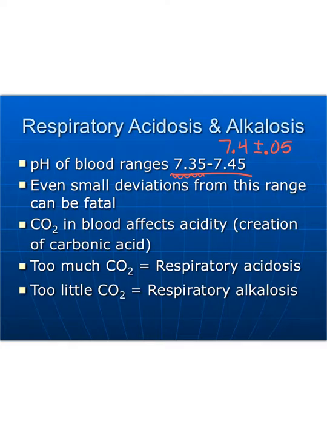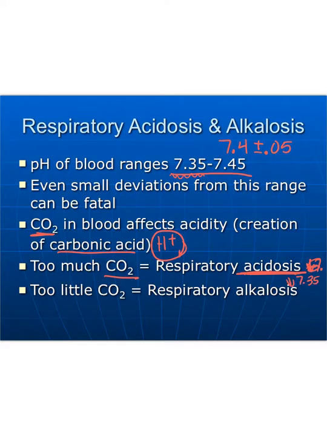Because of the equation we just looked at earlier, the amount of CO2 allows you to make acid, hydrogen. So if you have too much CO2, you're going to be making too much hydrogen, and that's going to cause your blood to become acidic. And because this is something that's caused by the respiratory system, we refer to this as respiratory acidosis. So that would be when your blood pH is going to be less than 7.35.